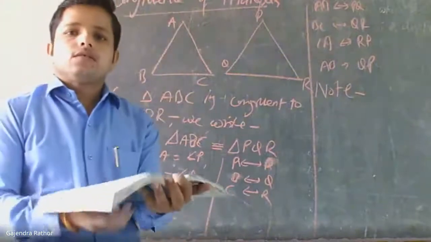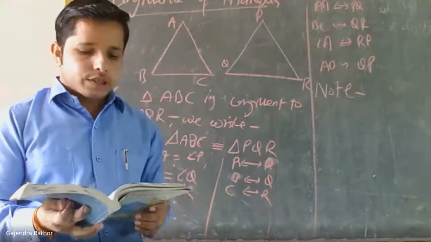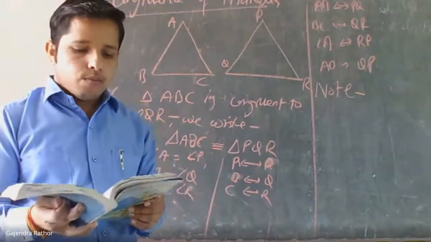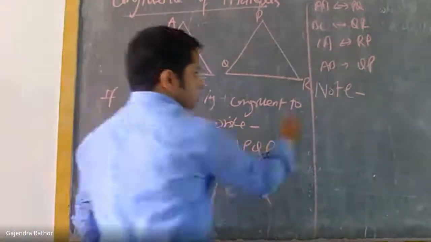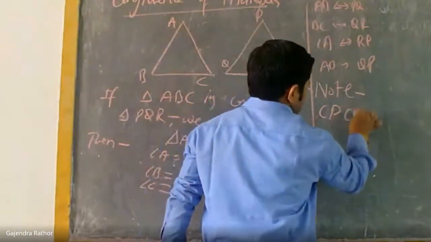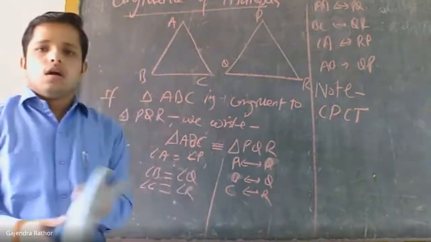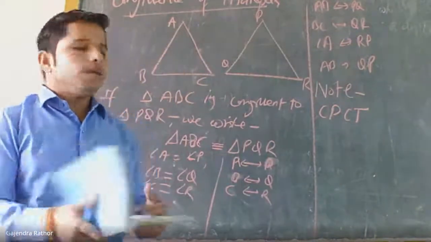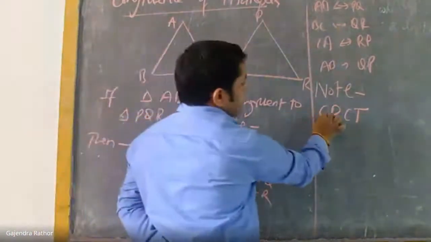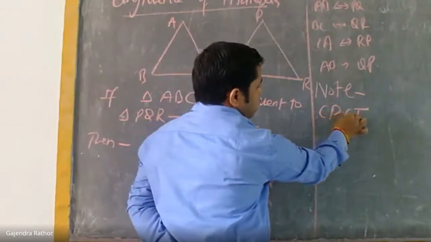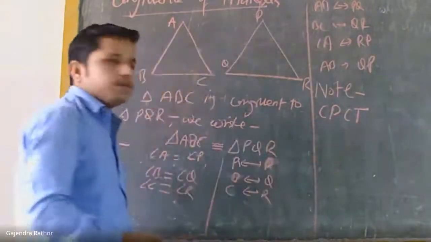In the next few exercises, concepts and questions, we will use a very important word, CPCT. The full form of CPCT is corresponding parts of congruent triangles.